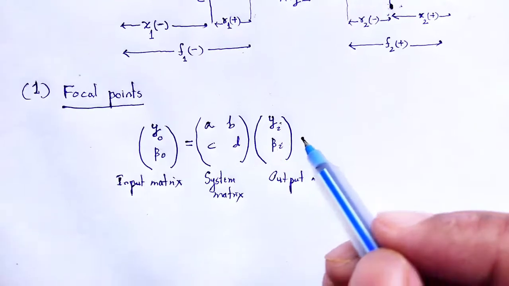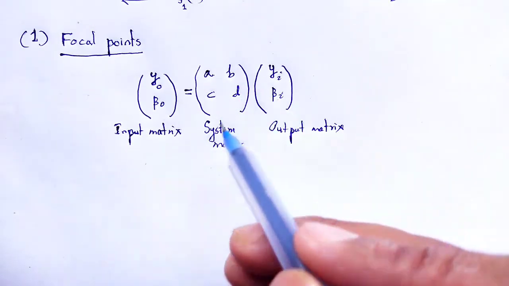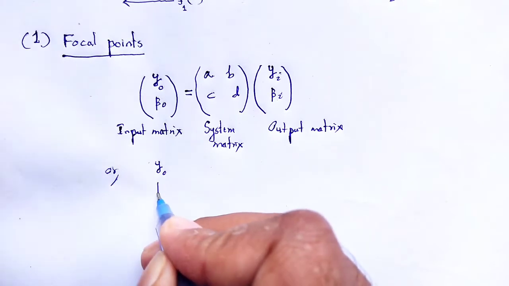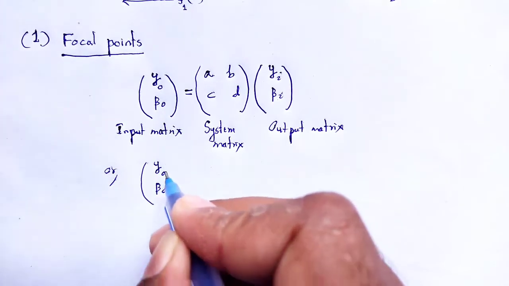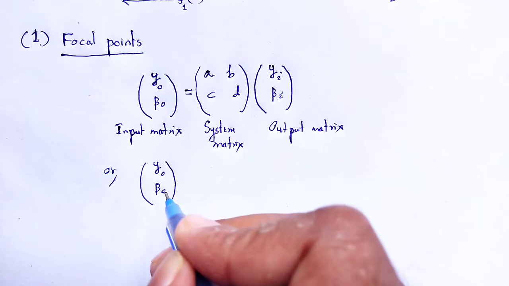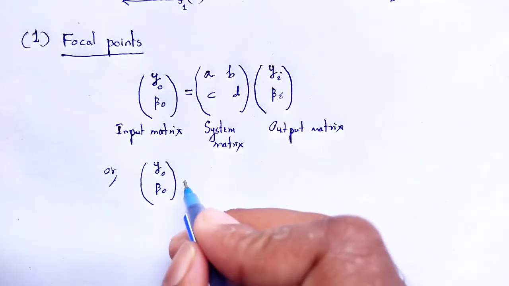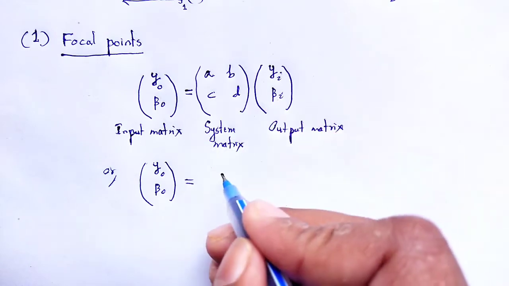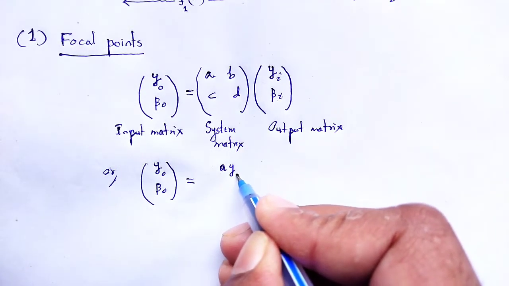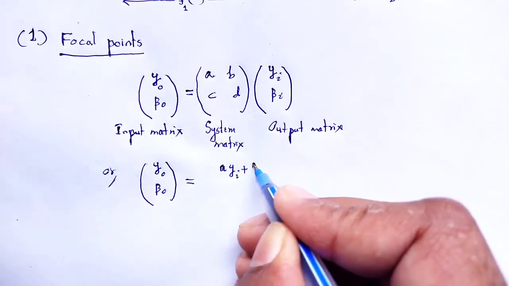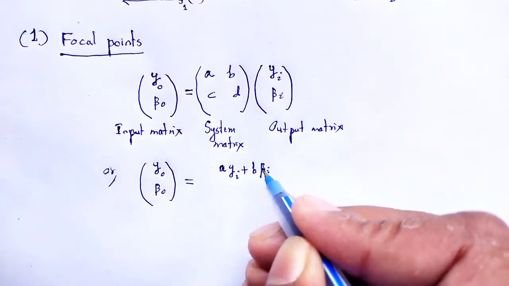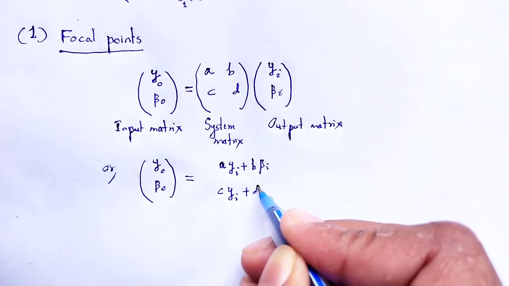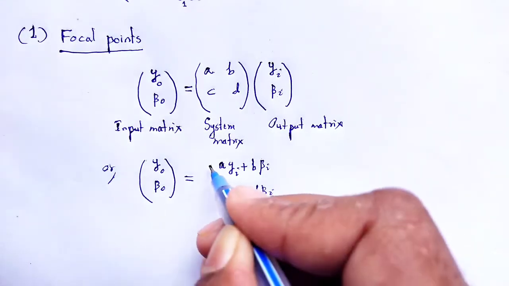Under matrix multiplication, reading row to column, we have yo, beta O equal to A yi plus B beta I, then C yi plus D beta I.